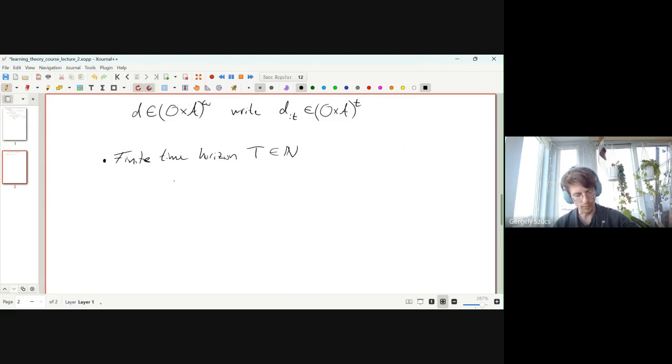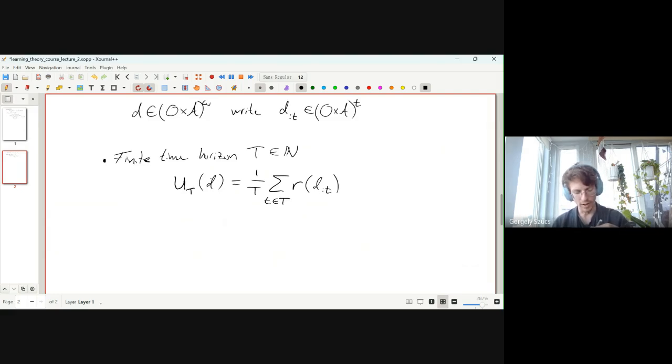Then we can say that the utility up to this time horizon T of a certain destiny D is defined to be the average reward received over the first T steps.